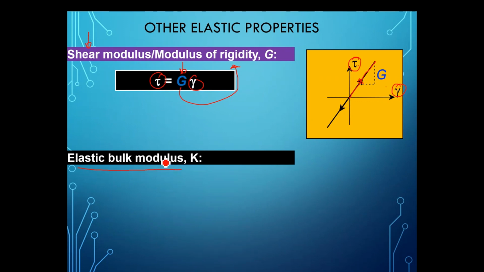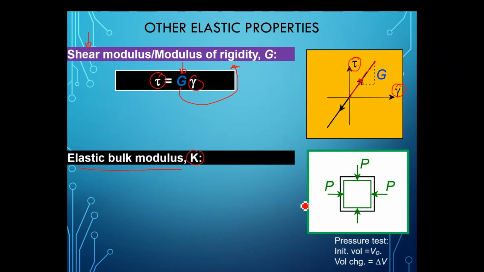The elastic bulk modulus, defined by K, is for hydrostatic testing. Here you have pressure acting in all directions, and due to this pressure, the initial volume, represented by the black line, decreases to the final volume, represented by the green square. So you have the initial volume and the volume change. The bulk modulus is related to the strain in the form of change in volume divided by original volume, so it is the deformation in volume that is being represented.